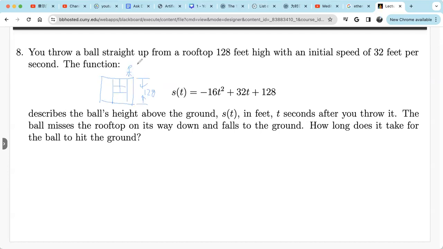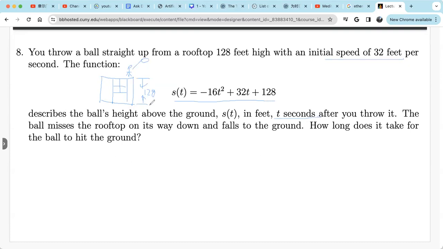And you toss a ball, right, straight up with an initial speed of 32 feet per second. So this function describes the height of the ball after time. So t represents time in seconds after you toss it. So the ball misses the rooftop on its way down and falls to the ground. How long does it take for the ball to hit the ground?